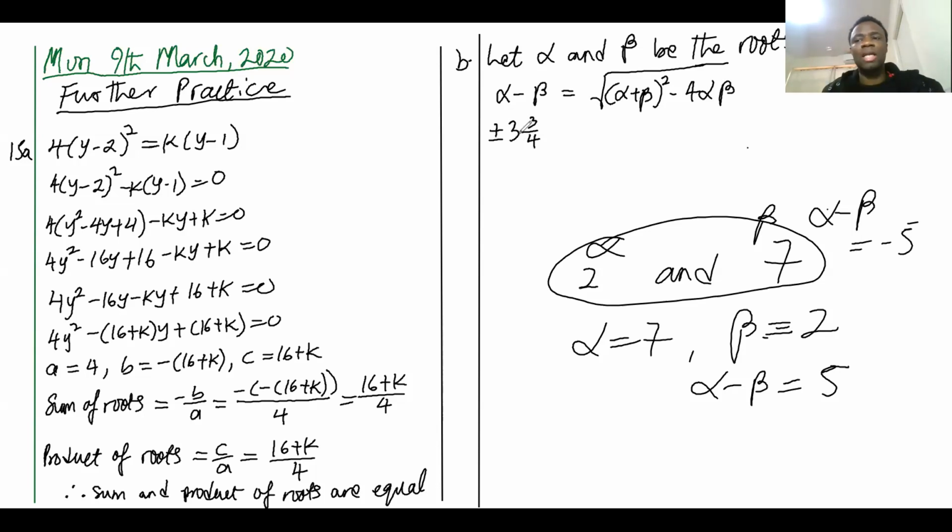No. Exactly. So if I square both sides, whether it is plus or minus 3/4, nothing changes. So instead of giving myself unnecessary stress, I could just restrict it from here by saying, oh, let alpha and beta be the roots with alpha being the bigger one.